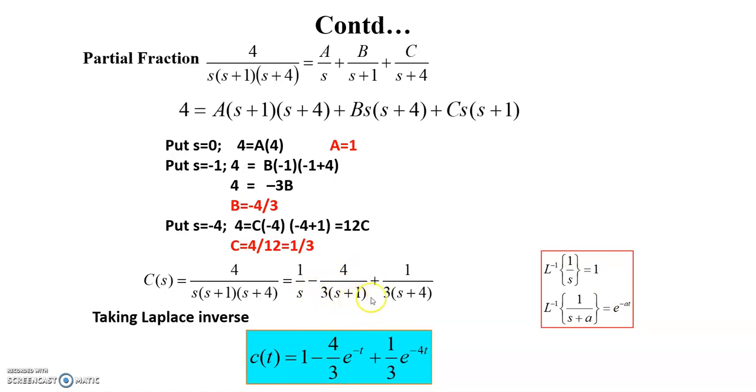For 1/(s+a), e^(-at), here a is 1, so e^(-t). Again, this is also 1/(s+a), so 1/3 e^(-4t), here a is 4. So this is the solution for the first problem.